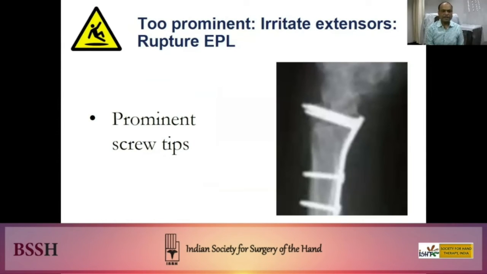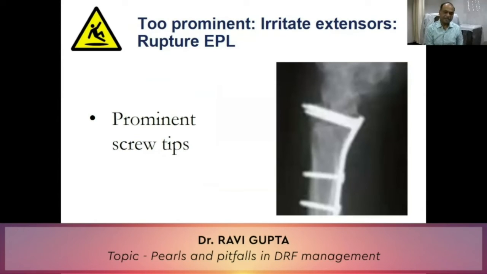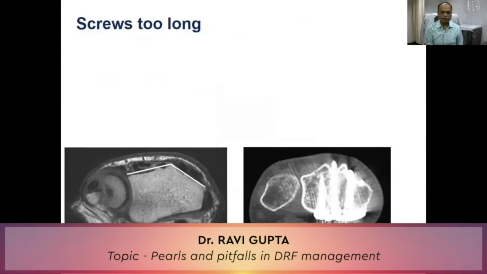So too prominent plate irritate the extensors. If there are prominent screw tips, as I mentioned, the distal radius is a wedge-shaped bone. So we should be very careful with the depth gauge, especially the locking plates. You should be short of the dorsal cortex.